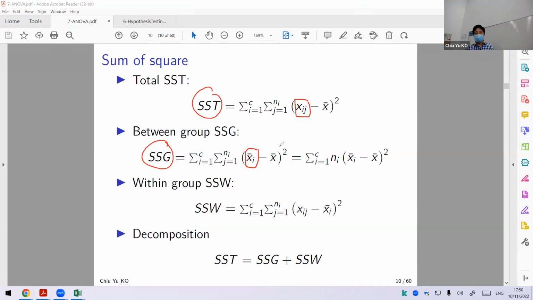So what you're calculating here is that there is no variance within the same group, because in each group you replace the data with the group mean. What SSG is measuring is how each group is different from the other.